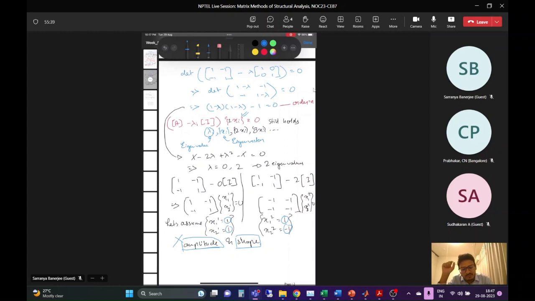Shape of the vector means if you plot this vector, say this is x1, this is x2, say this is plus 1, this is plus 1, this is one shape. Now this is plus 1, this is minus 1.